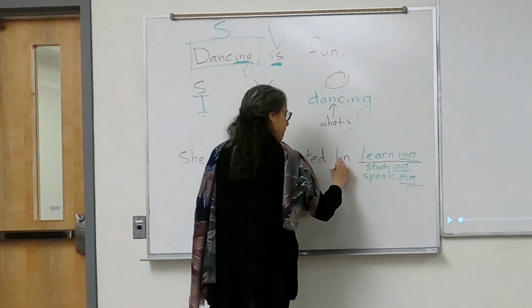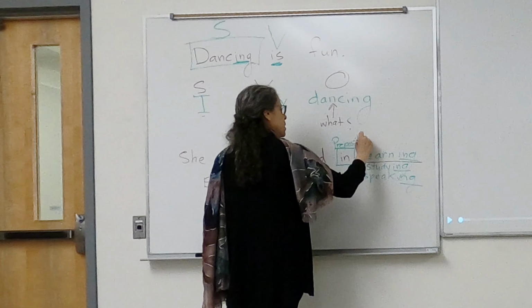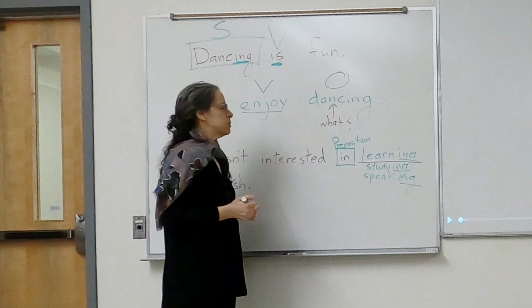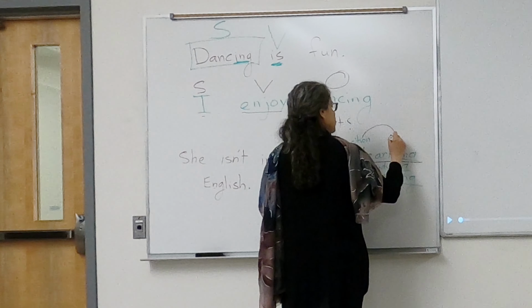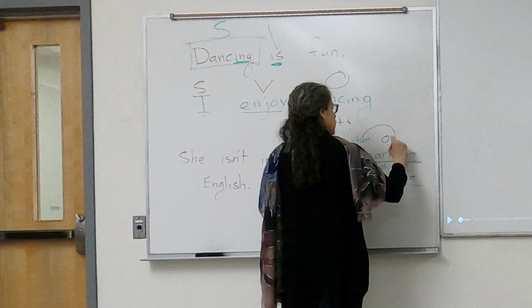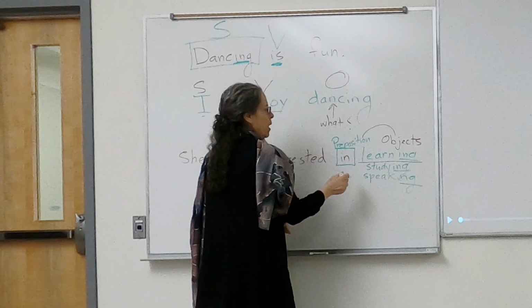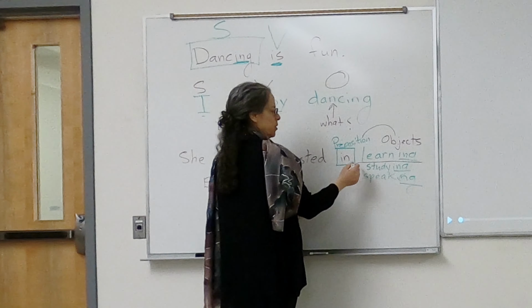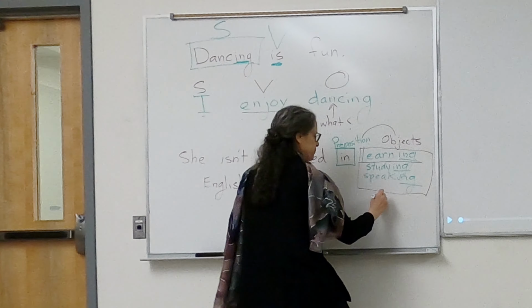So this is a preposition. In the next chapter, you're going to see the gerunds. You know that prepositions sometimes have objects, and an object of a preposition can be a gerund.